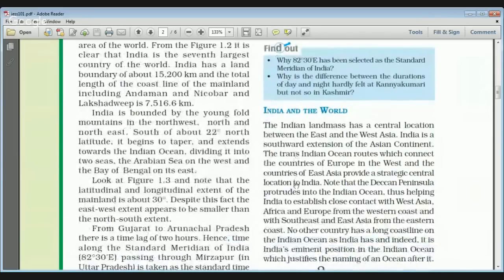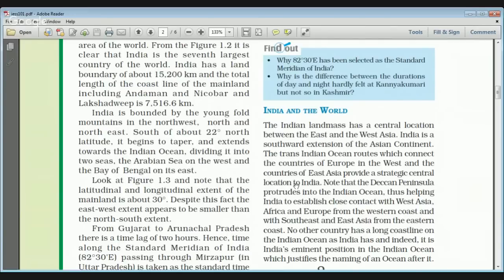See, these are some of the other facts. You need to remember that India has a land boundary of around 15,200 kilometer, and India is sharing land boundaries with seven countries. And the total length of the coastline of the mainland, which includes the Andaman and Nicobar Islands and Lakshadweep Islands, is 7,516 kilometer.